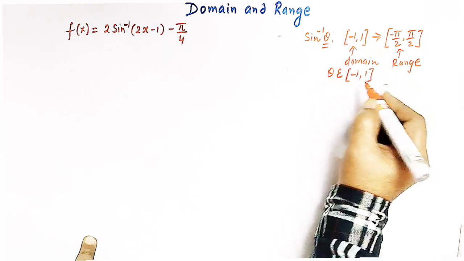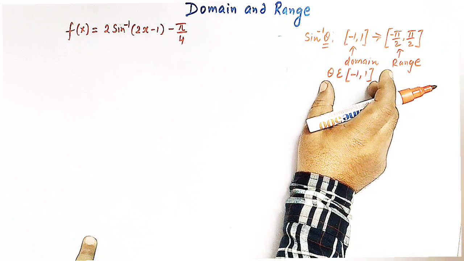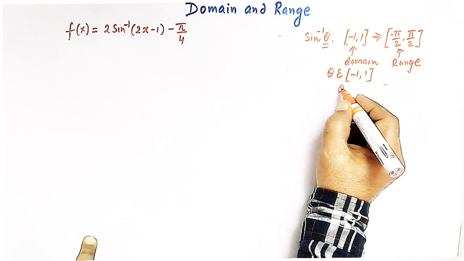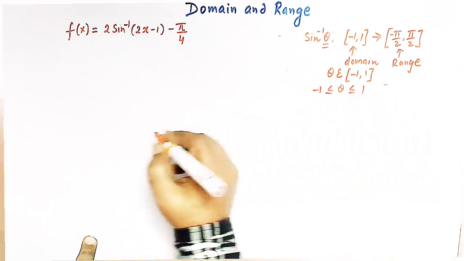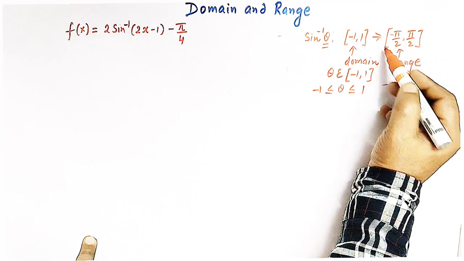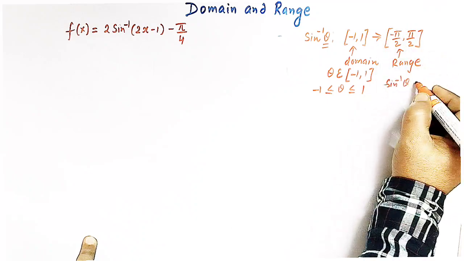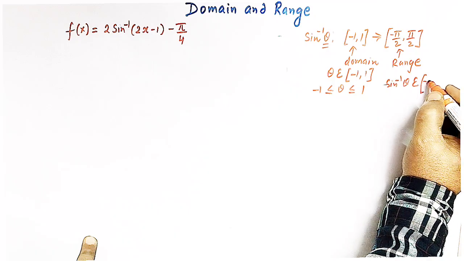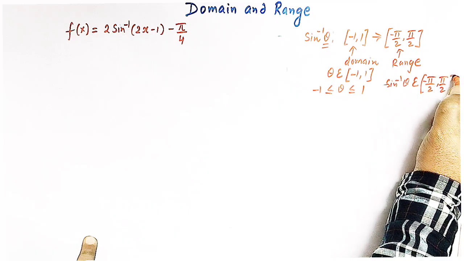So if we write here theta, then this theta must belong to this interval, that is minus 1 to 1, and we can also write this expression as theta lying between minus 1 and 1, right? And sine inverse theta belongs to this interval, right? So we write sine inverse theta belonging to the closed interval minus pi by 2 to pi by 2.